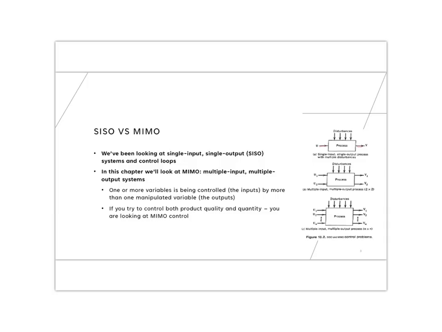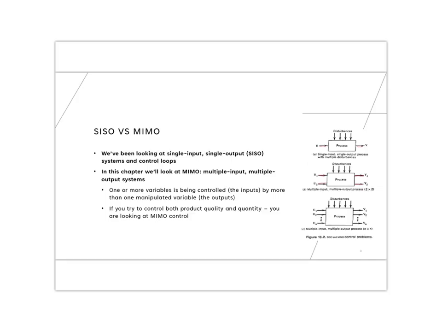So what we want to start looking at now is the more complex systems that have multiple inputs and multiple outputs. You're going to have one or more variables that are being controlled. So in the middle drawing, there are two inputs and two variables that are the outputs. And then I also could have more than that, right? 2 by 2 is not my limit.